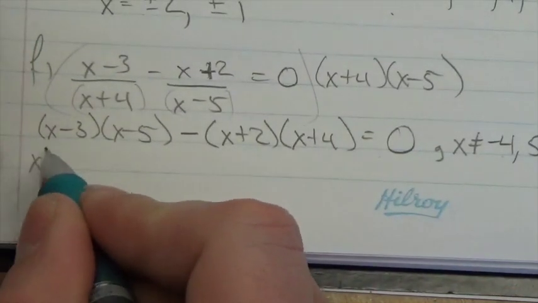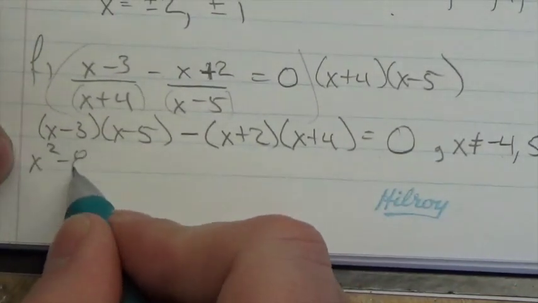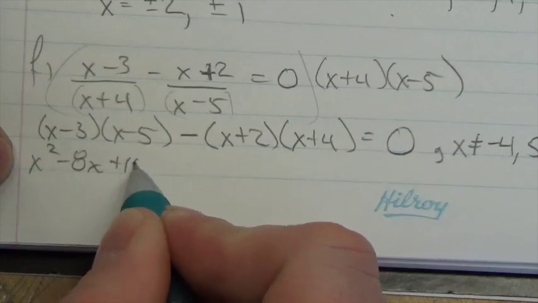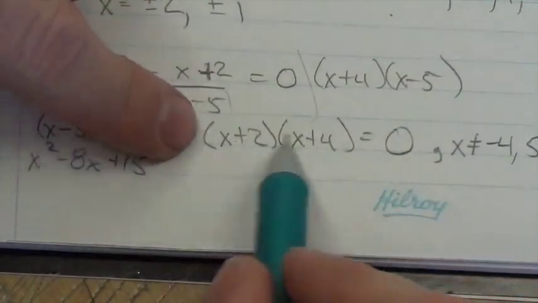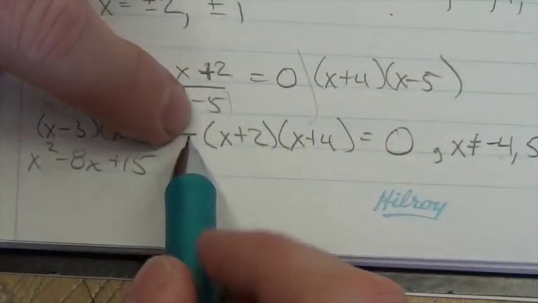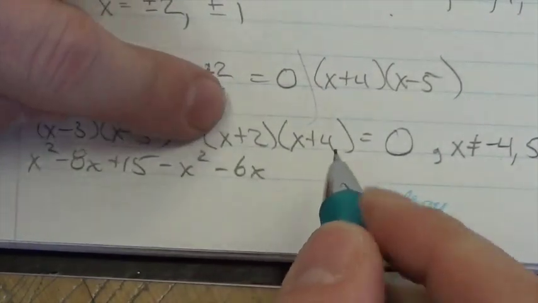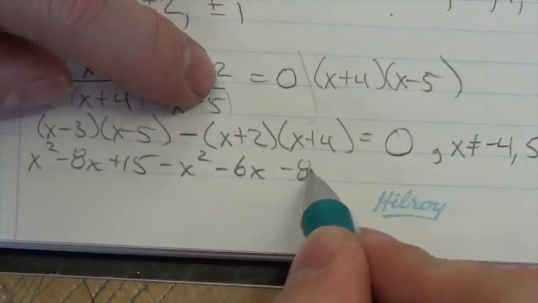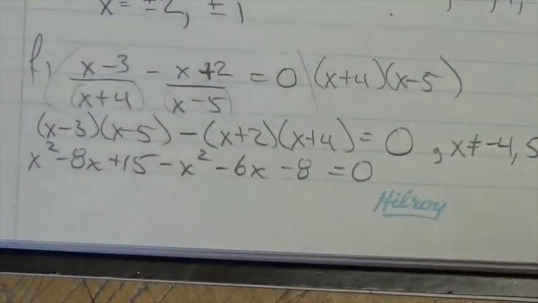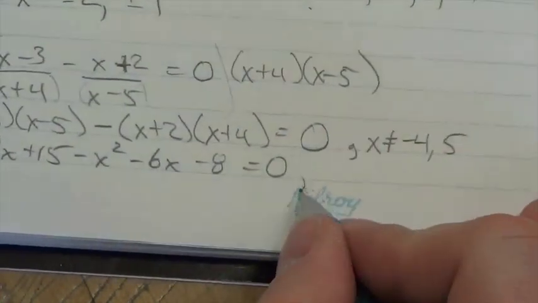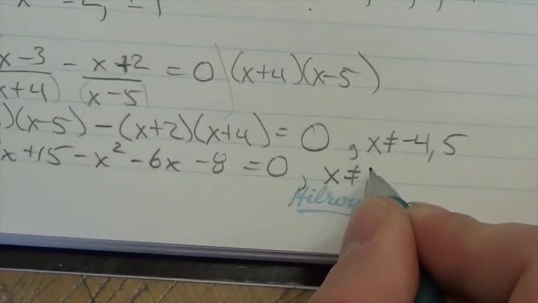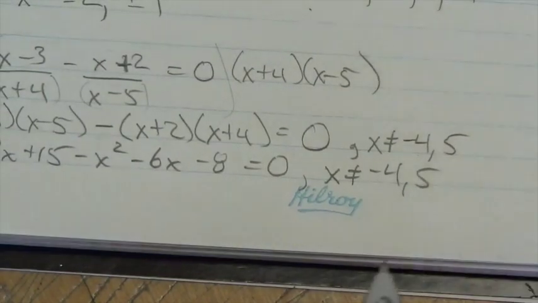So this will be x squared, what do we got here, -8x plus 15. Now I'm going to multiply this out, but bear in mind I'm subtracting it as well. So this will be -x squared minus 6x minus 8 is equal to 0. Okay, again, understanding that x can't be -4 or +5.